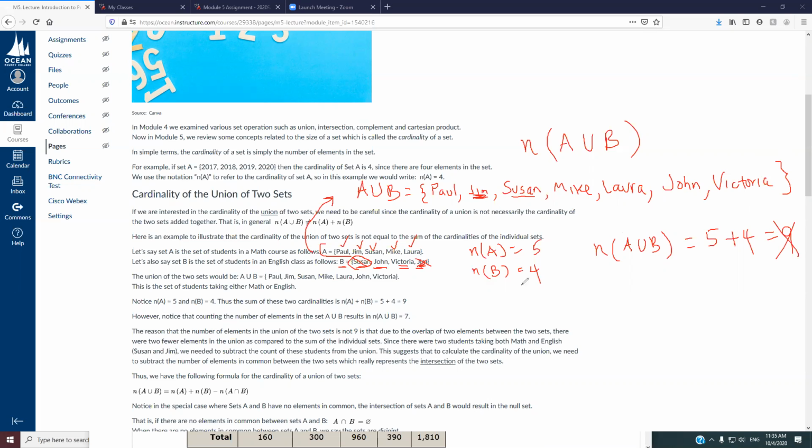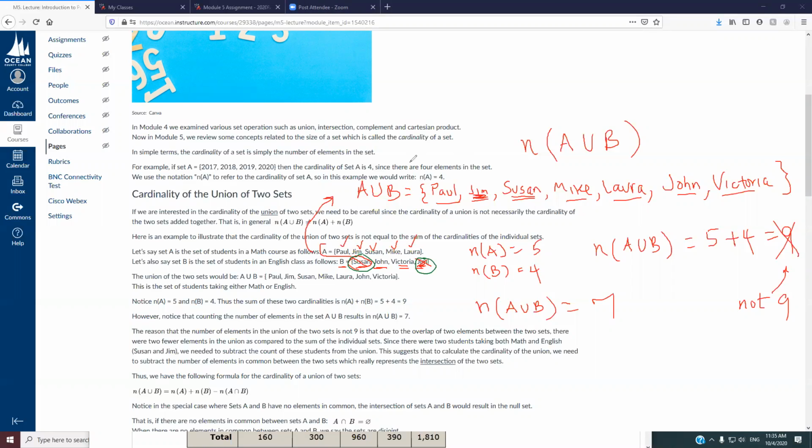Let me count up. What is the number of elements in A union B? If you count up 1, 2, 3, 4, 5, 6, 7, there's only 7, not 9. Why is that? Well, it turned out there were 2 students, namely Jim and Susan, that were in the intersection.